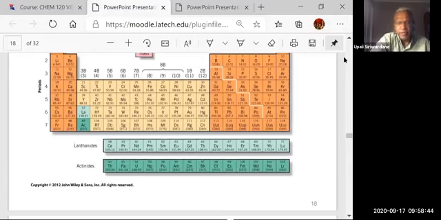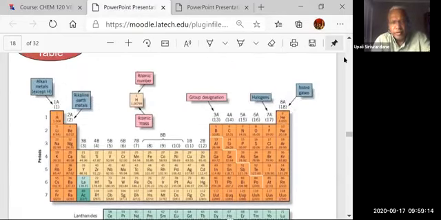We have pulled out two rows from the transition metals: lanthanide, and after lanthanide, actinide. So there are two series, called inner transition elements. Transition elements are in the middle, in the main block, group 3 to group 12.